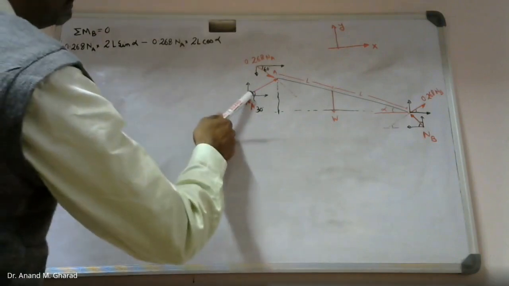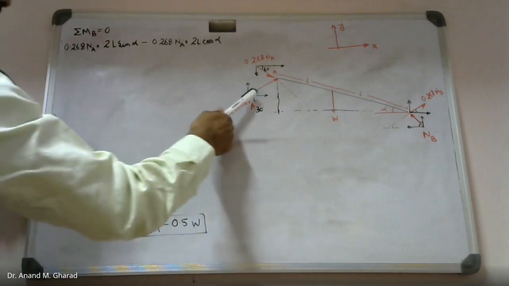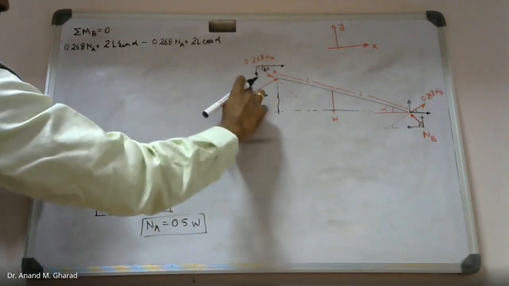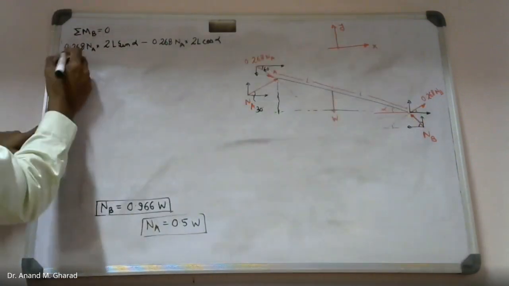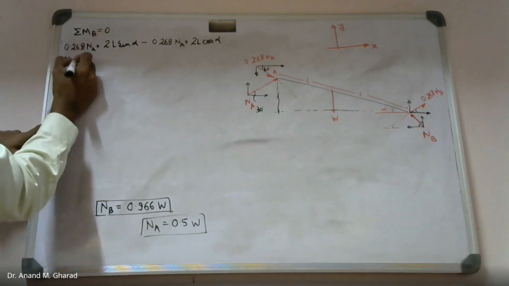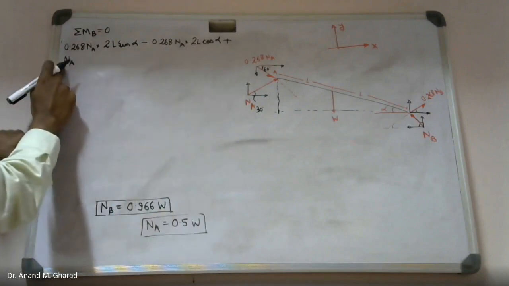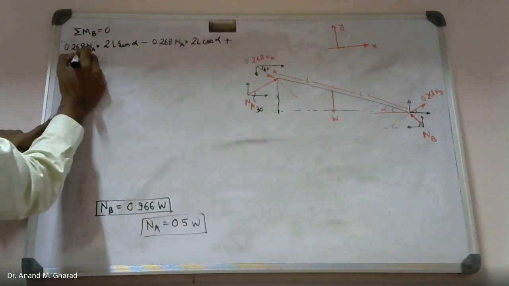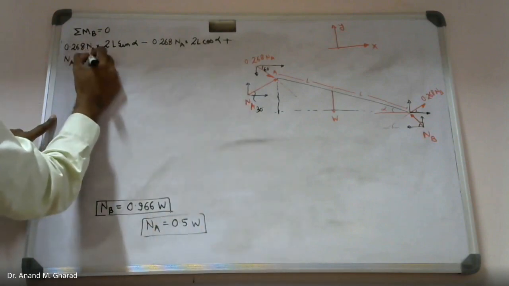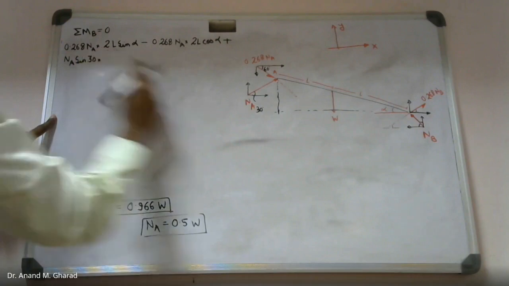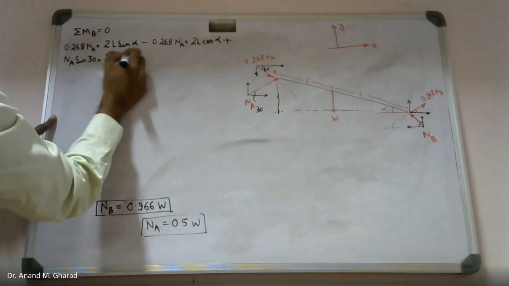Next is this normal reaction. This component, if I consider, is going to rotate in the clockwise direction about point B, and therefore this is plus. Na, what is this component? Sine 30 into perpendicular distance, which shall be 2L cos of alpha.